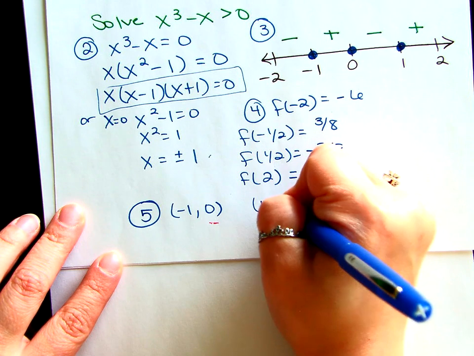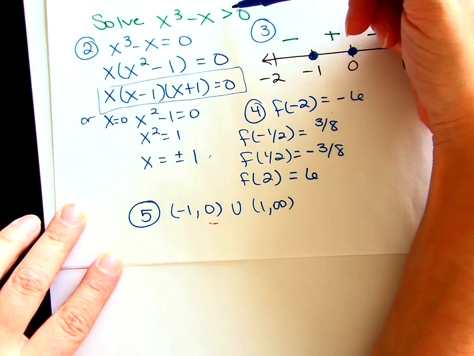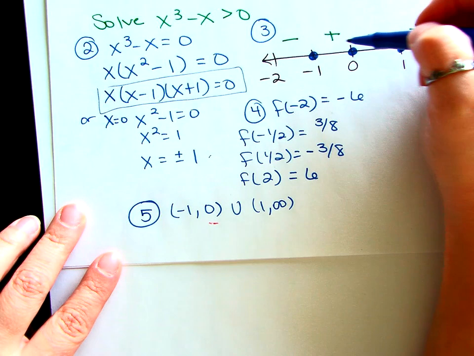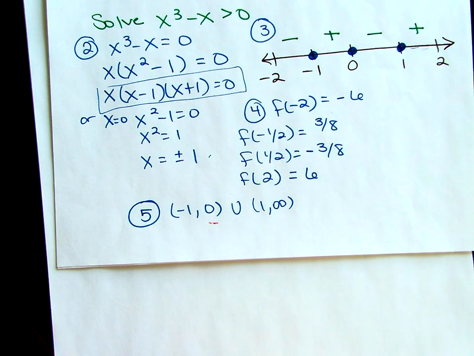And I used parentheses every time because we were strictly greater than. And Kelsey's right. We use the positive sections and not the negative sections because it said greater than 0. Good job. Are there questions on how we did our polynomial inequalities?